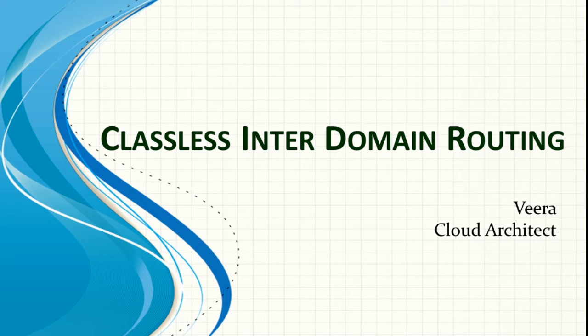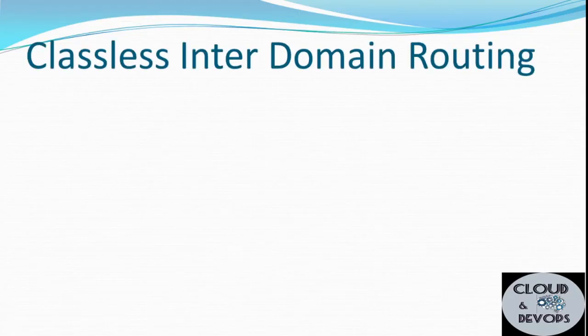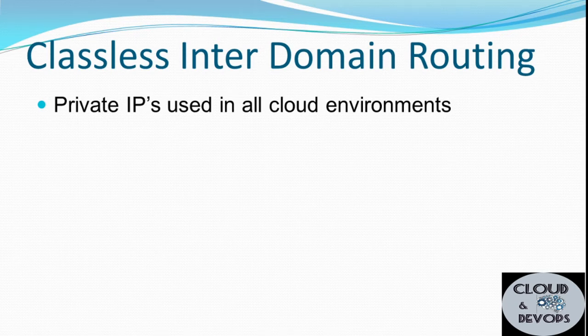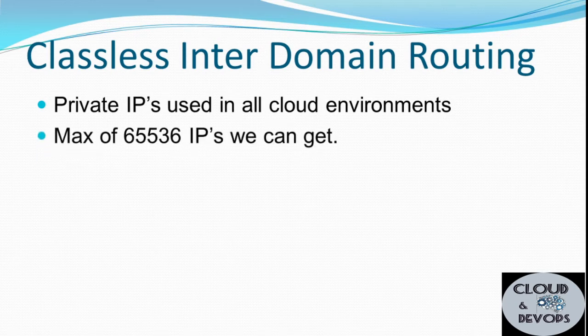So we as cloud architects have to decide how many IPs we need for our subnets and how many IPs for our overall VPC. This CIDR is a private IP range which is used in all cloud environments, and a maximum of 65,536 IPs we can get.